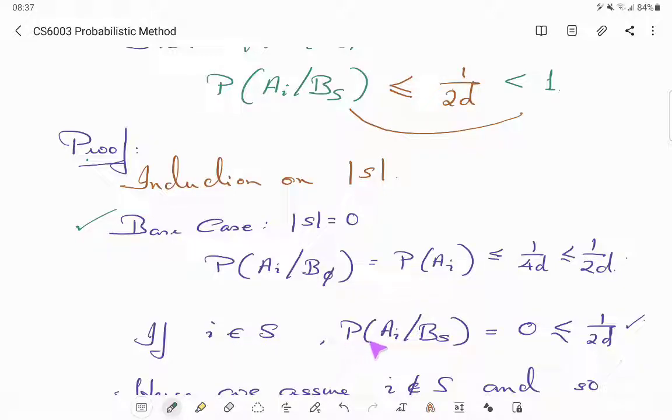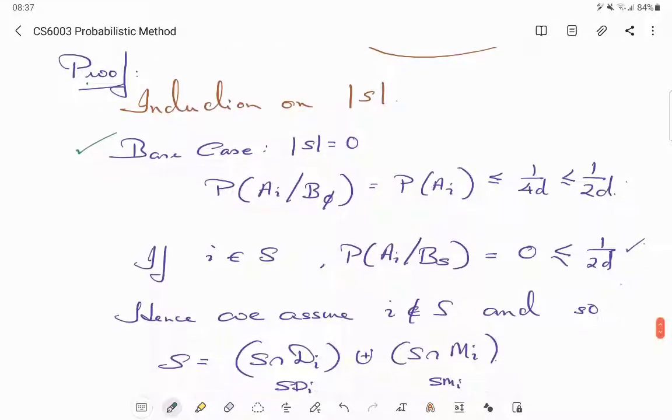So that's what is written here. If I is in S, then P of AI given BS is P of AI given an event which is stronger than saying AI complement has occurred. So it is 0, which also satisfies what we want. It is less than or equal to 1 by 2d. So from now onwards, we will assume that this S does not contain I. So in particular, the cardinality of S is at most M minus 1.